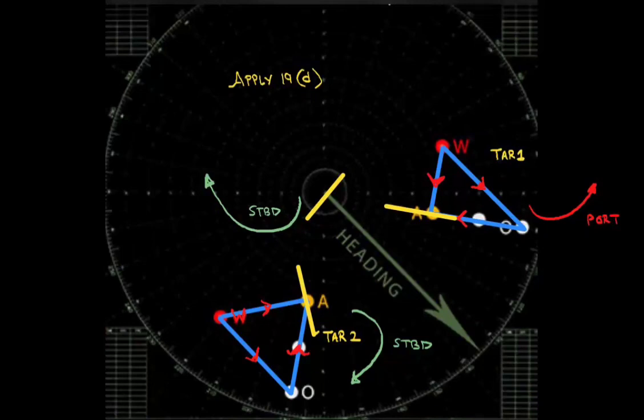Like, as I told you, I'm at the center of the screen. So if I'm on that vessel, if I extend my beam, both vessels are forward of my beam, I would have gone to starboard. Target 2, both the vessels are forward of the beam. No need to think. Also, if you are the officer of the watch and both are forward of your beam, you will alter to starboard.